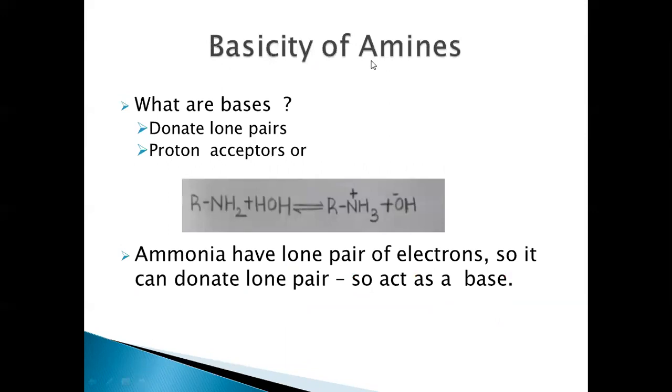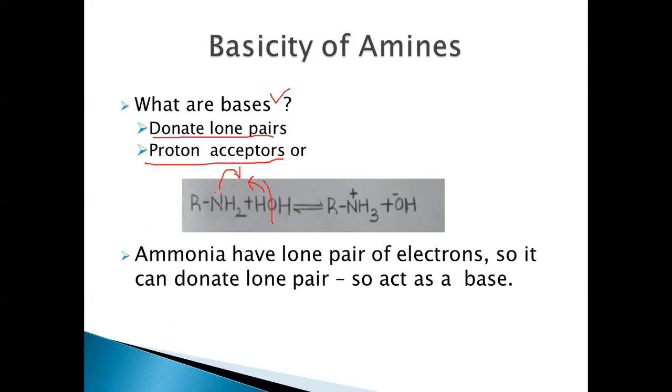So let's understand what bases are and what basicity is. If you take the example of an amine here, R-NH2, where the nitrogen contains the lone pair of electrons, if it is able to donate the electrons or accept the protons, those are called bases. So electron donors or proton acceptors are nothing but bases.